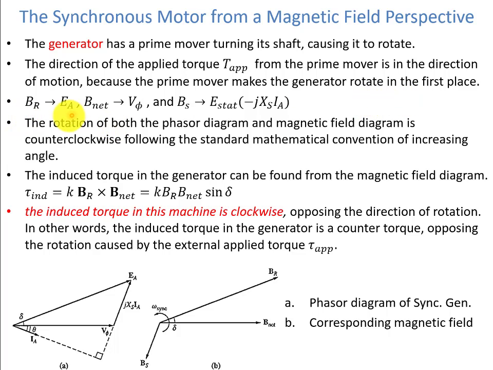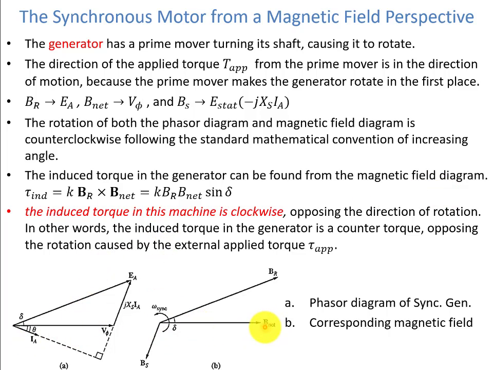So BR is used to produce EA, B net is used to produce the phase voltage, and BS produces the E stator, which is jXS IA, which involves the armature reaction and other losses due to the inductance. The rotation of both the phasor diagram and magnetic field diagram is counterclockwise, following the standard mathematical convention of increasing angle. The induced torque in the generator can be found from the magnetic field diagram.